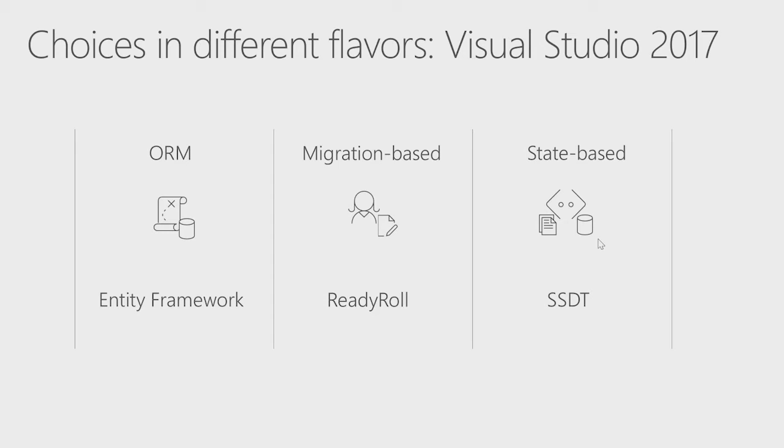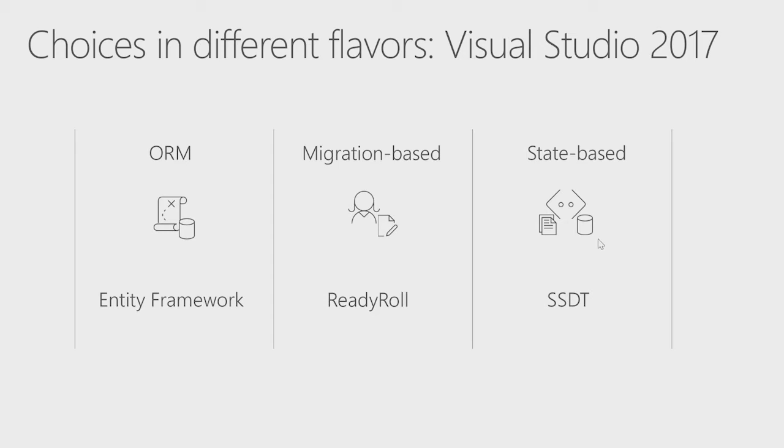I'm going to go through this database project in the demo. Or you can choose a path with state-based database development with SSDT database project. All right? So let's look at it together to understand what these are.